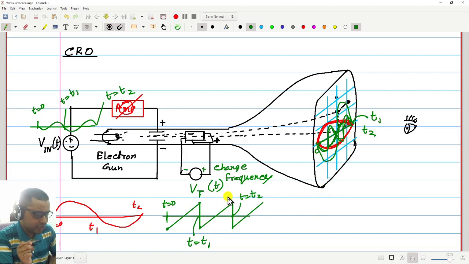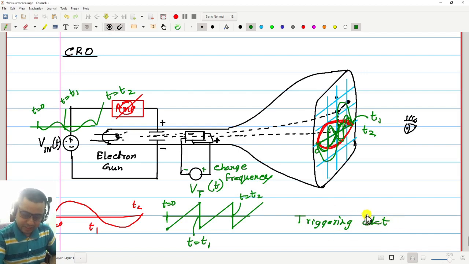There is one more thing we normally have in an oscilloscope, what is called a triggering circuit. I will not go into the detail of how it works, I will just say what it does.